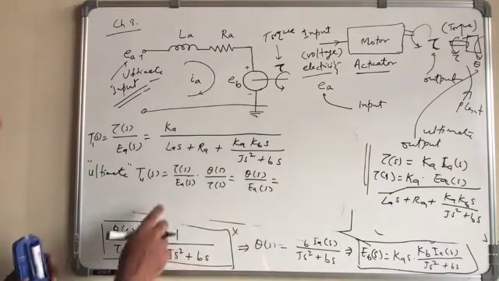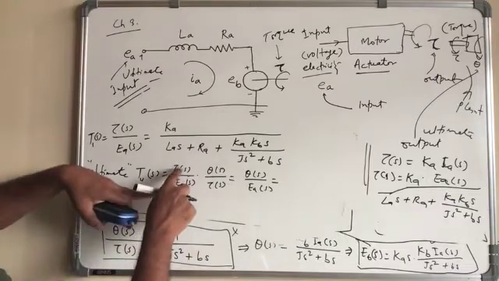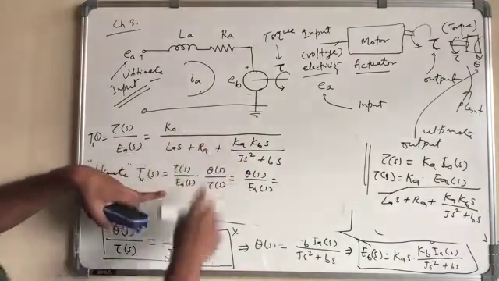That's what we want, right? The tau S over ES is this one, and then this one is the motor.